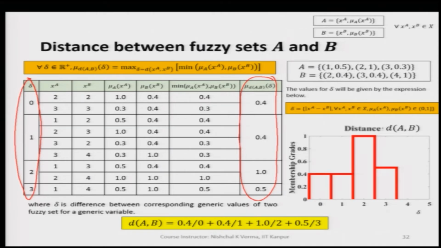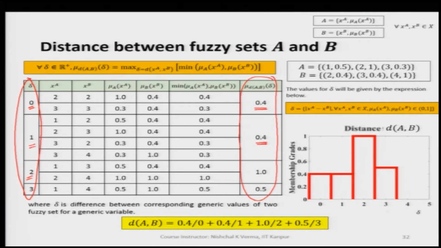So, we see that when we take delta is equal to 0, it is going to give us mu d a comma b of delta as 0.4. Similarly, if we take delta is equal to 1, we are getting mu d a comma b of delta as 0.4. Similarly, for delta is equal to 2 and delta is equal to 3, we get the corresponding mu d a comma b of delta.